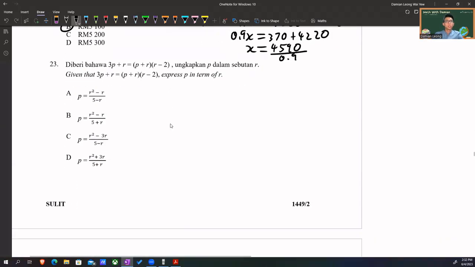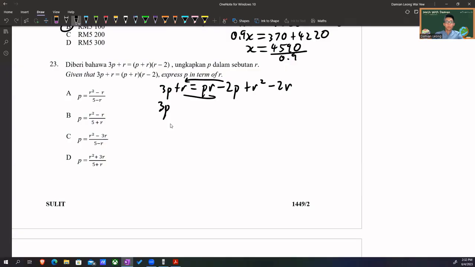Then question 23. Given that 3p plus r is equal to this, express p in terms of r. So just expand first. p times r is pr, p times -2 is minus 2p, plus r times r is r square, r times -2 is minus 2r. I want p in terms of r, so put all the p on the left side.